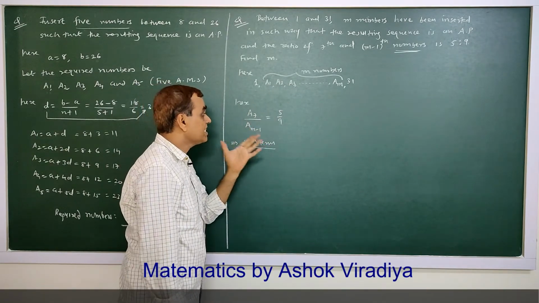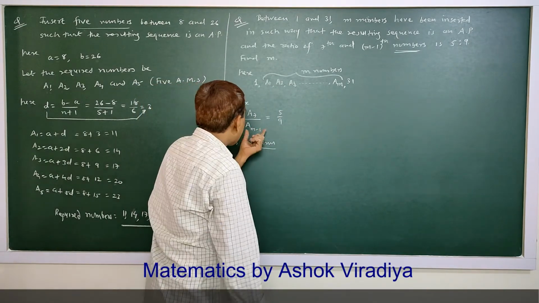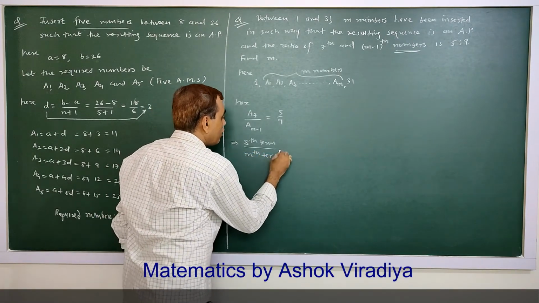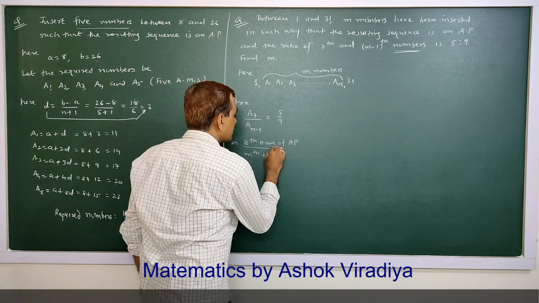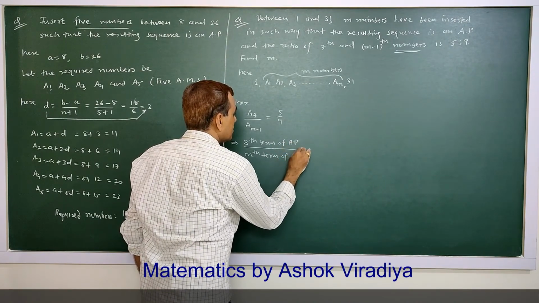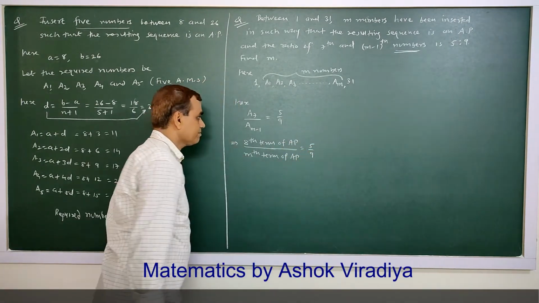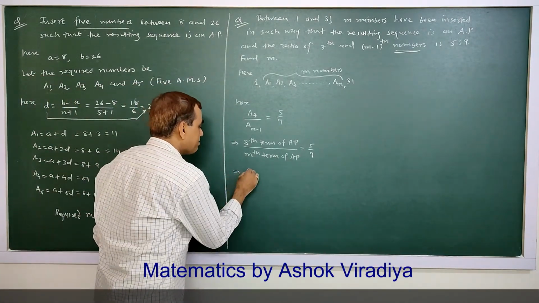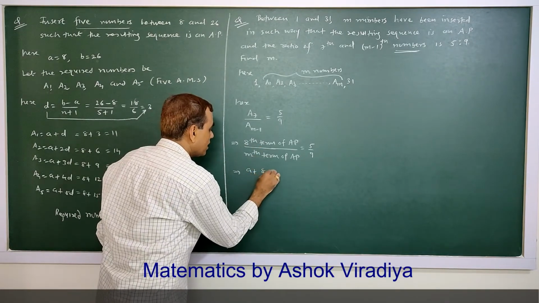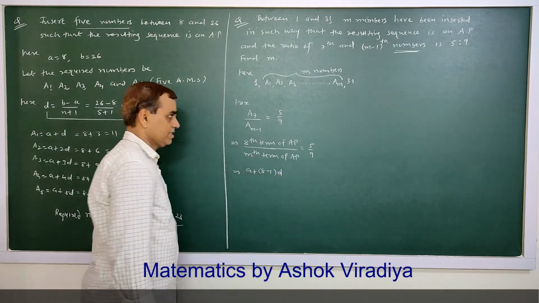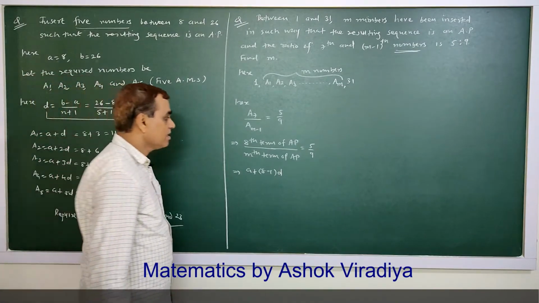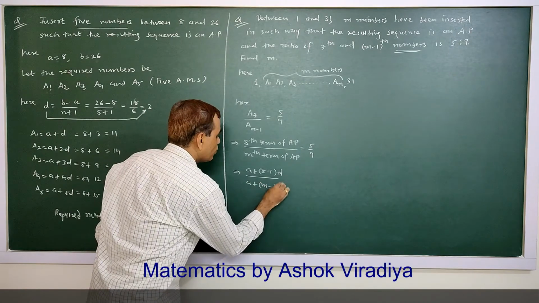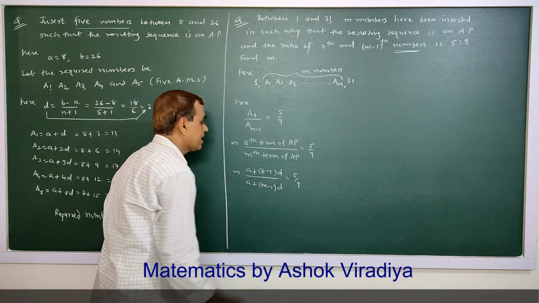So the 7th number is the 8th term, and the m minus 1th number is the mth term of the AP. It is 5/9. Now the 8th term is a plus 8 minus 1 into d, and the mth term is a plus m minus 1 into d, equal to 5/9.